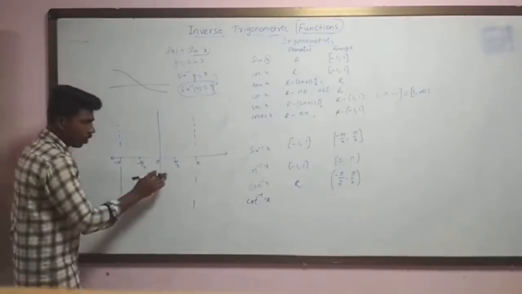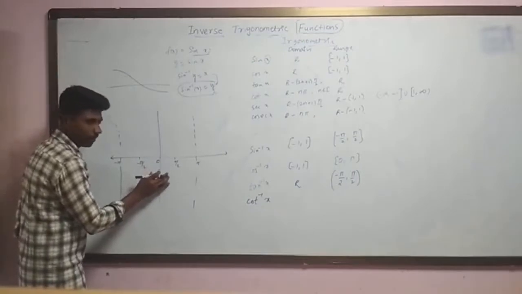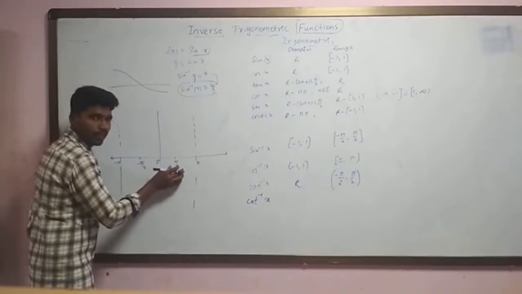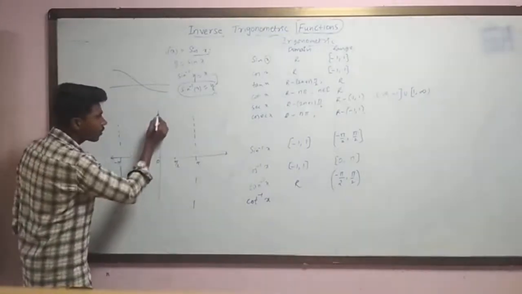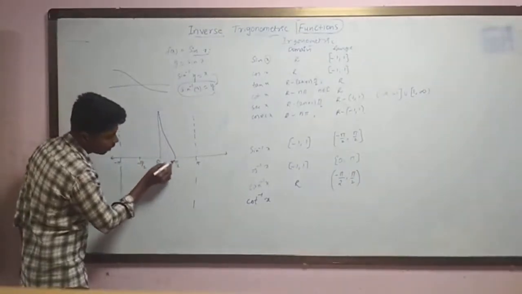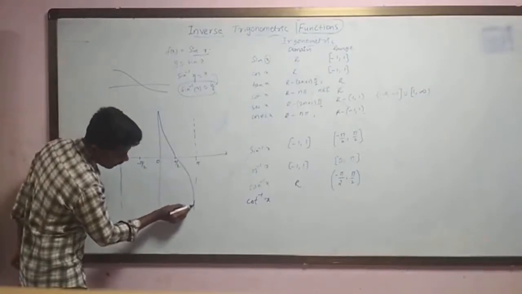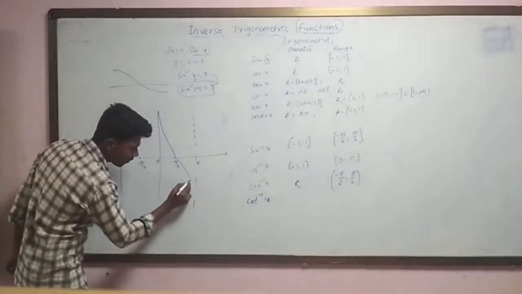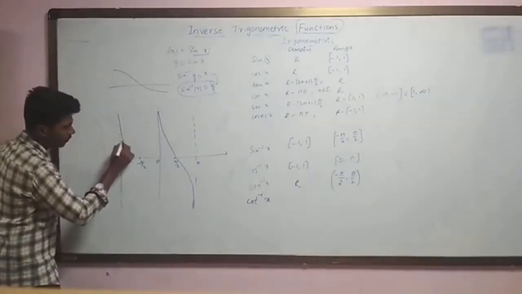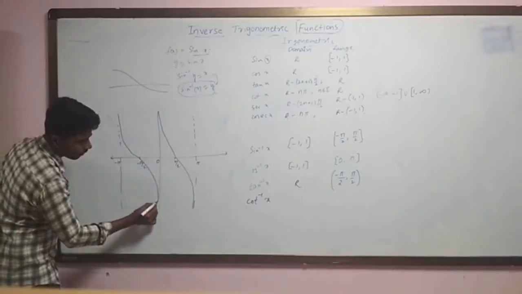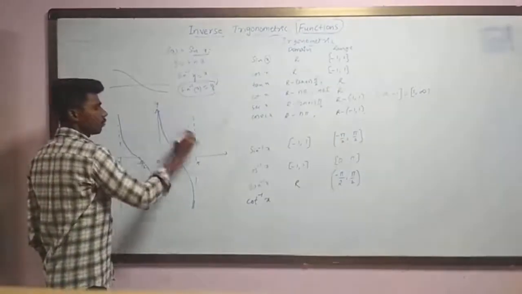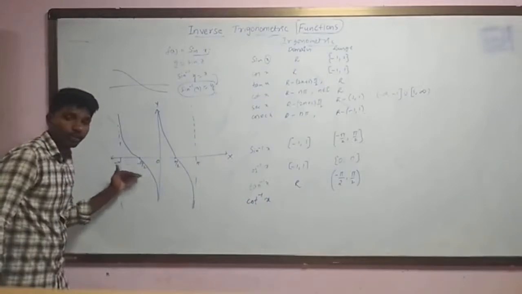Cot 0 is not defined and cot pi by 2 is 0. So here I get not defined, then decreasing, and at pi by 2 I get 0 and keep decreasing, and it becomes not defined for the negative real numbers. In the same way for this, not defined to not defined. See, this is the behavior of the cot x function.